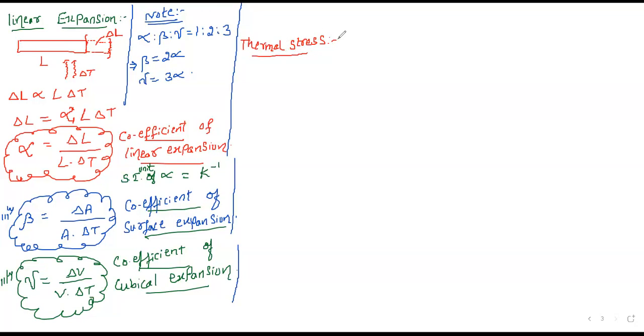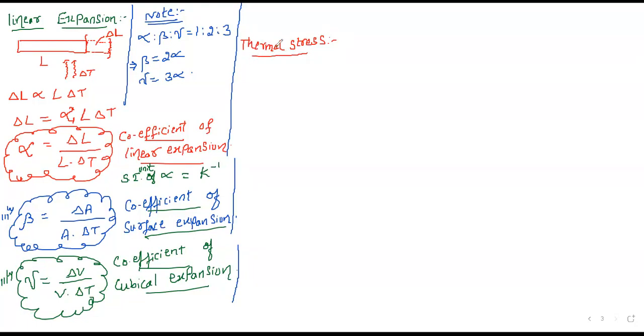Suppose I consider any metallic rod where the ends of the rod are rigidly fixed. Now, if I increase the temperature of the rod, the length is going to increase, but there will be no space left to increase its length. So it is going to start to bend. If the rod is not allowed to bend, then it will undergo a great stress. That is what we call the thermal stress.